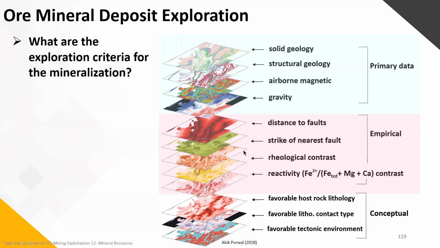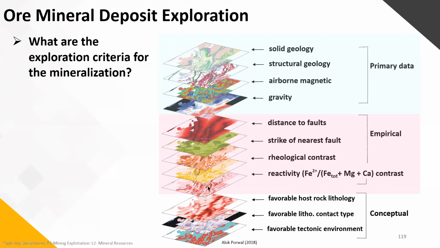So the rheological contrast will show the difference between the different units, rock hardness, rock rheology, hence maybe the rock's porosity, and so on. We can also, with the geochemistry, make geochemical maps showing areas that have geochemical contrast, as seen here with the contrast with the iron, magnesium, and calcium content, and so on.